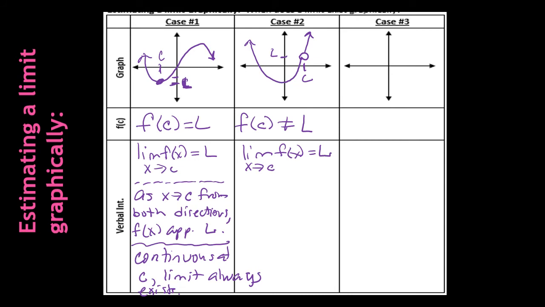So then what if I have a graph that looks like this? What if I have a horizontal line with an open circle, and then somewhere else I have a closed circle?